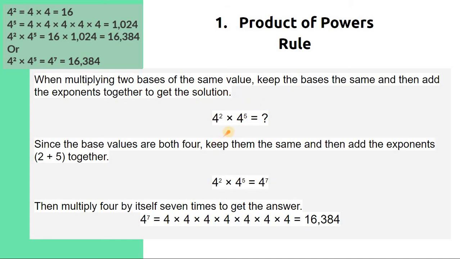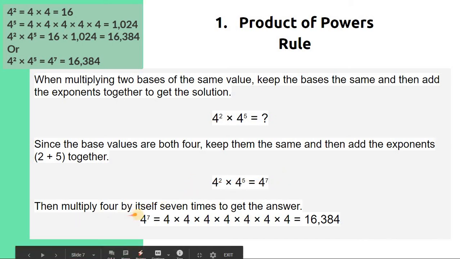So, 4 squared times 4 raised to the power of 5 is equal to, since the base values are both 4, keep them the same and then add the exponents together. So 2 plus 5 is equal to 7.